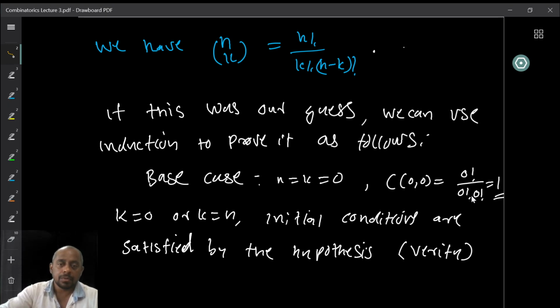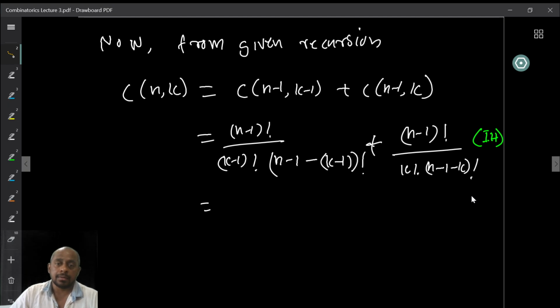Now what we do is that we substitute our induction hypothesis into the recurrence relation. So we have to prove that C of n, k is equal to something, but now C of n, k by the recursion formula is C of n minus 1 comma k minus 1 plus C of n minus 1 comma k.